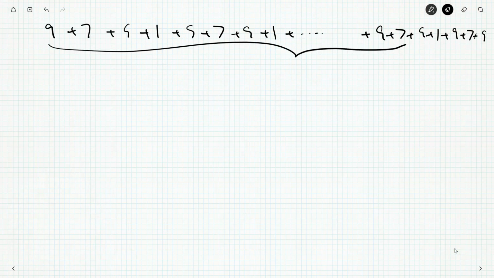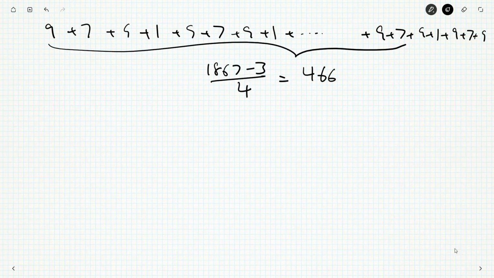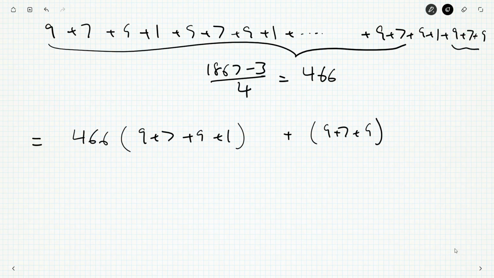So how many of these are there? Well, there's 1867 minus 3 divided by 4. So there's 466 of these, and then these 3. So this is 466 times 9, 7, 9, 1 plus a 9, 7, and a 9.